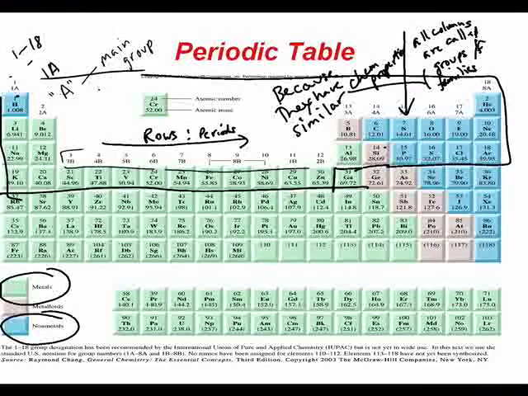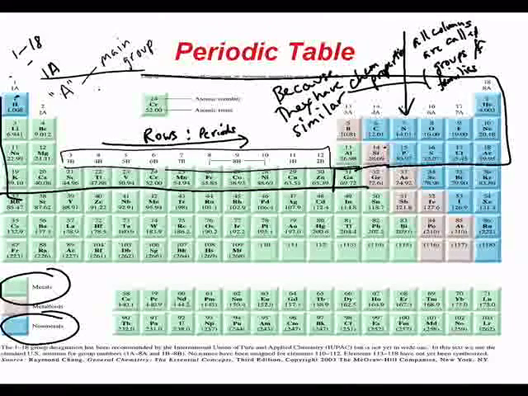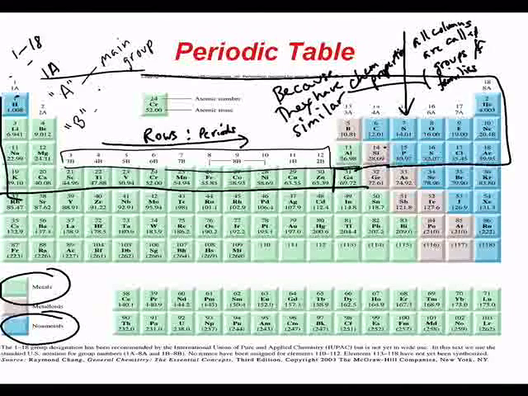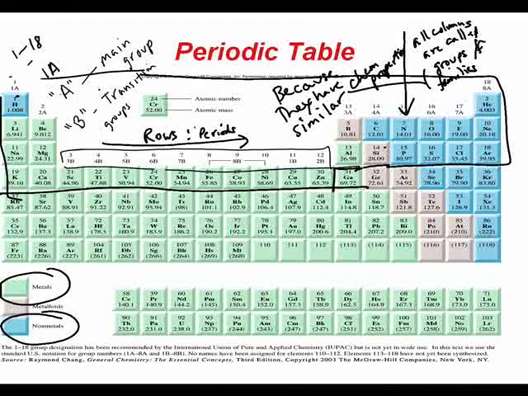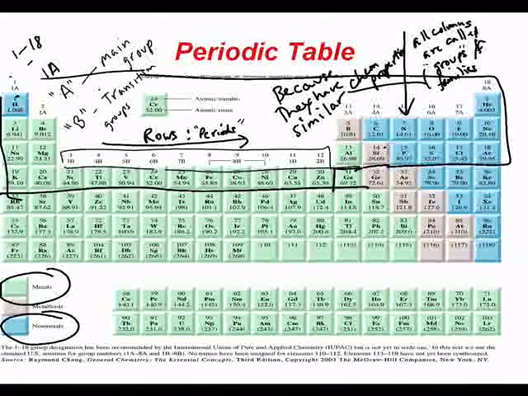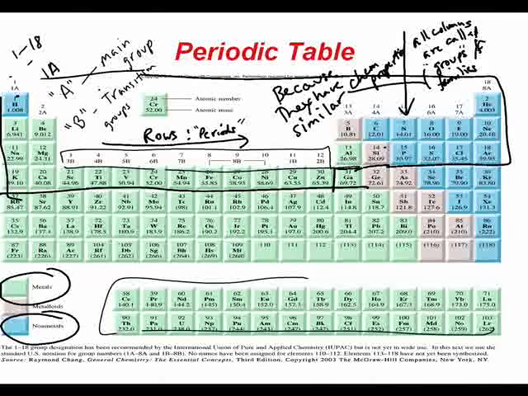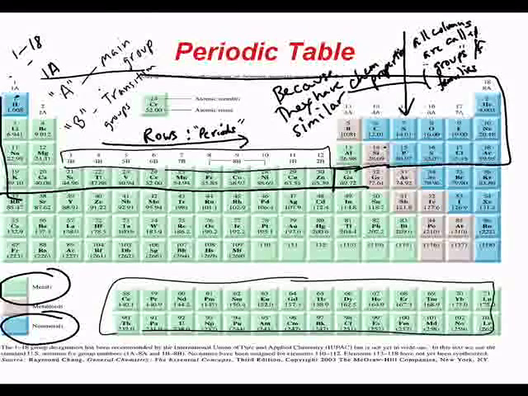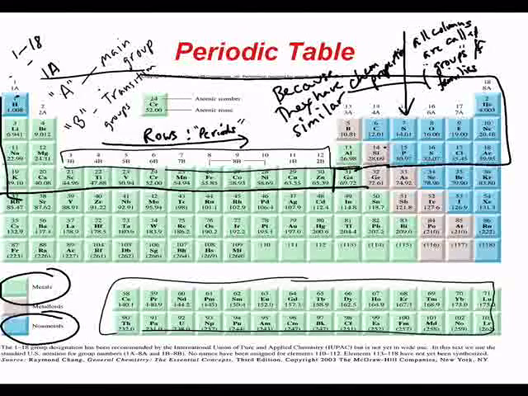The B's are called the transition groups. Actually, the transition metal groups. Okay. These below that are held out from the rest of the pack, we're not going to worry too much about those. Those are called the inner transition elements, the lanthanide and actinide series. We're not going to look at those except for perhaps uranium, and that's just a cursory look when we talk about nuclear reactions.